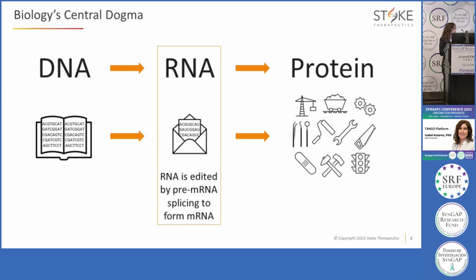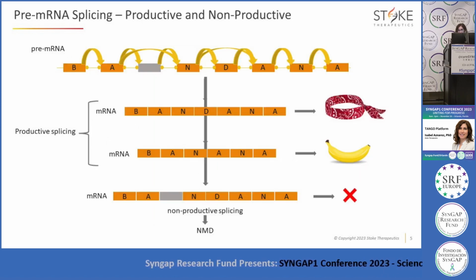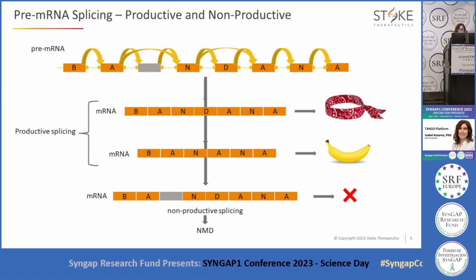And so the message, or the RNA, is what our technology focuses on and targets. After it gets copied from the genes, the RNA gets heavily edited by a process called pre-mRNA splicing to form the actual messenger RNA that carries the code to make proteins. This editing is the step we focus on.